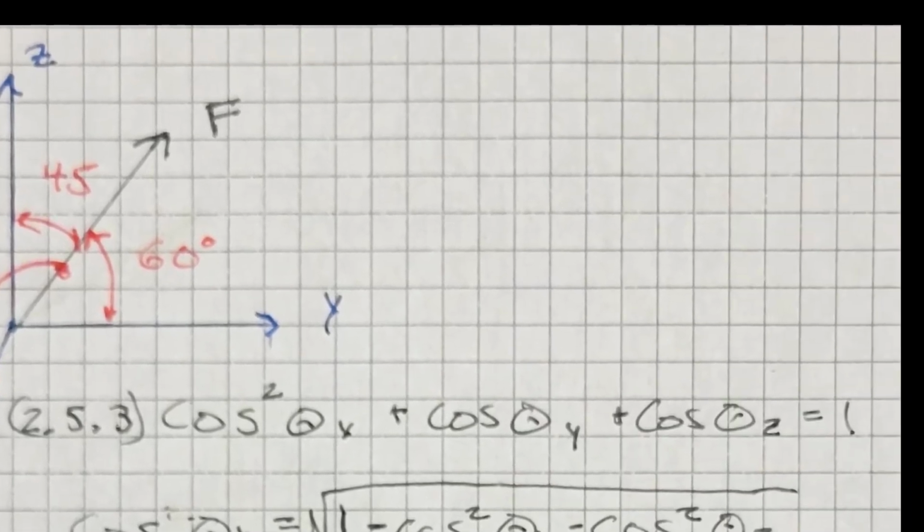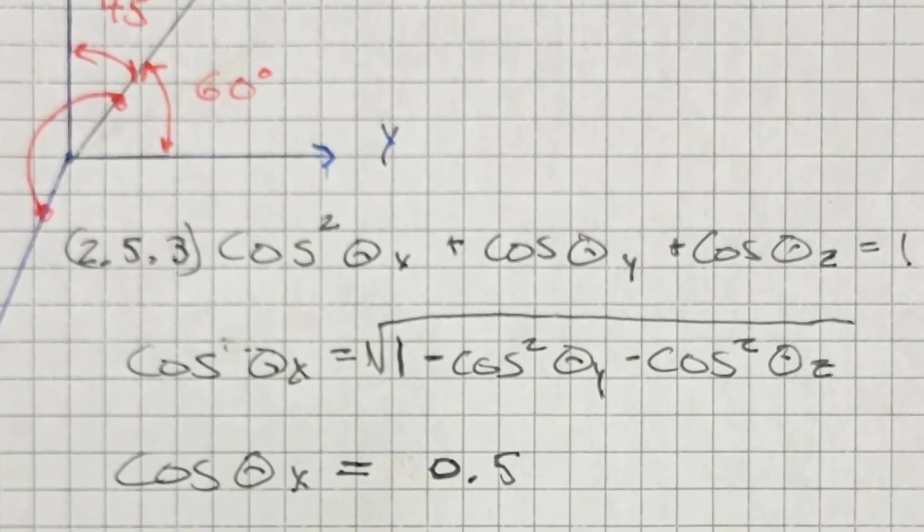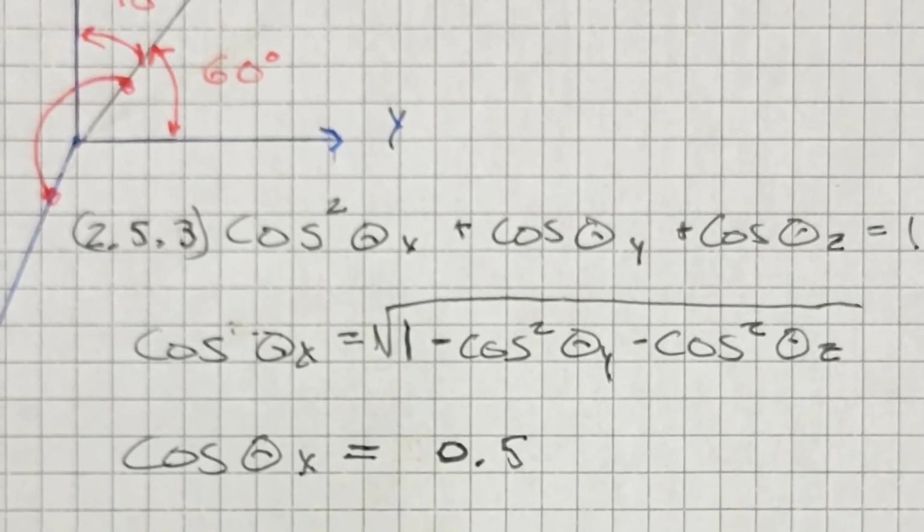So we start with equation 2.53. That gives us an unknown theta x, but we also know theta y, which is 60, and theta z, which is 45. Solving for cosine theta x, we get the square root of 1 minus cosine squared theta y minus cosine squared theta z, and we get 0.5.